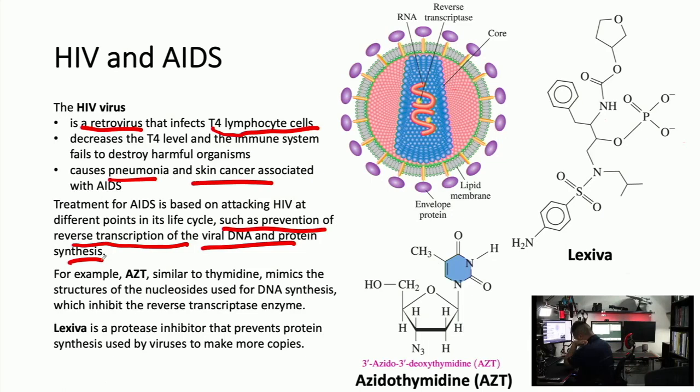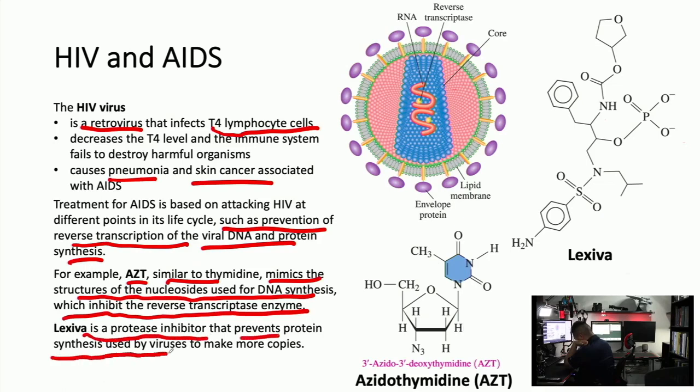There's a couple of drugs here. AZT is similar to thymidine and mimics the structure of nucleosides used for DNA synthesis, which inhibits the reverse transcriptase. Another drug is Lexiva, a protease inhibitor that prevents the protein synthesis used by viruses to make more copies.